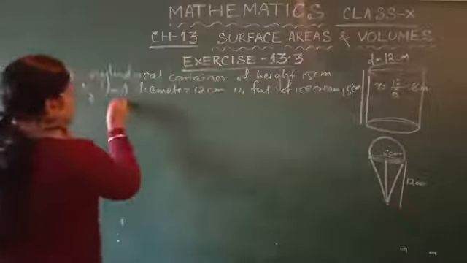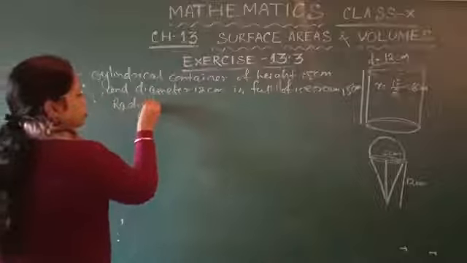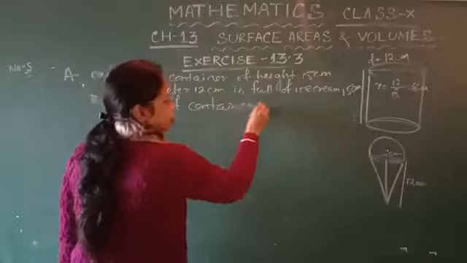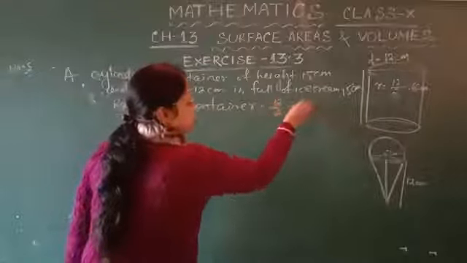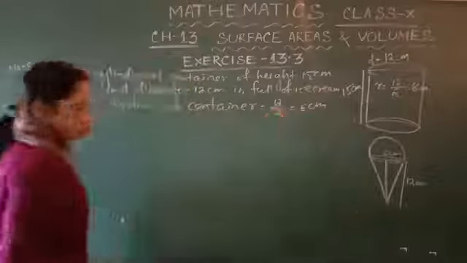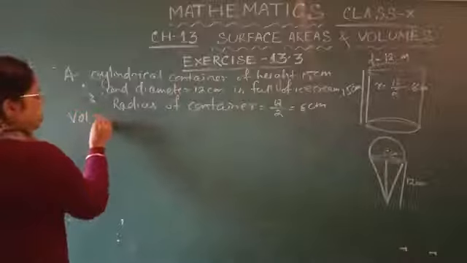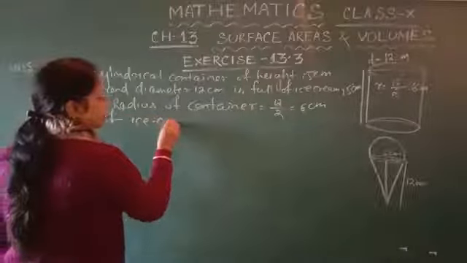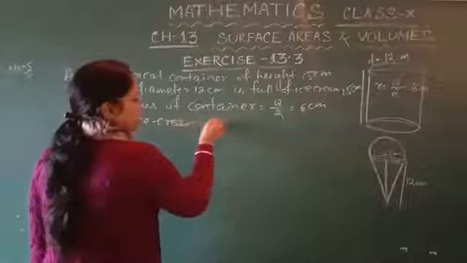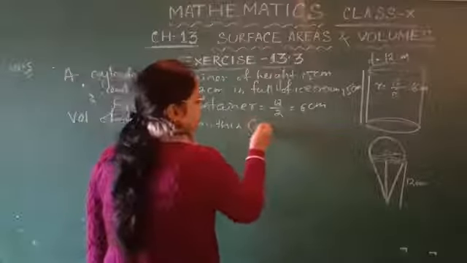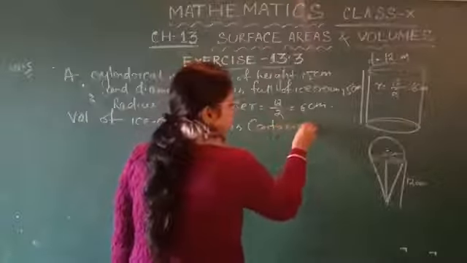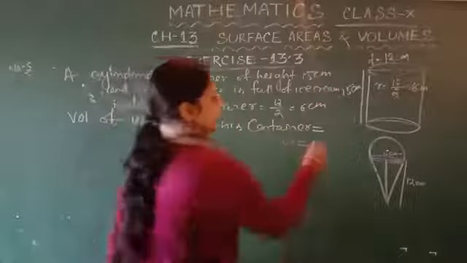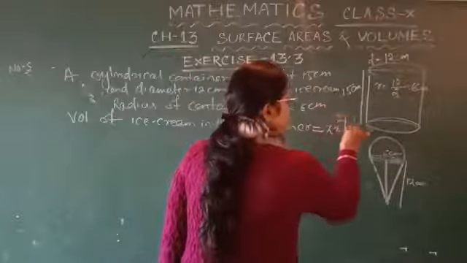Okay, so the radius of the container is 12 upon 2, that is 6 centimeter. Now first of all you find the volume of ice cream in this container. This is also in the shape of a cylinder, so that is pi r square h.